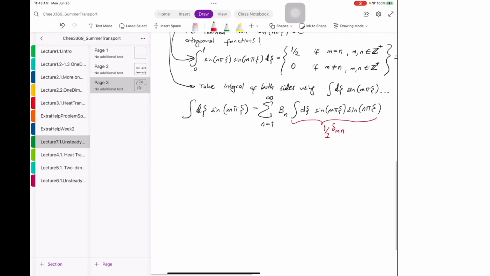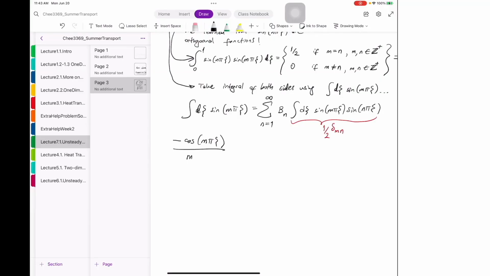So we should do this integral as well, and that gives us minus cosine m pi psi divided by m pi from 0 to 1 is equal to sum over b_n 1/2 delta mn, n equals 1 to infinity.